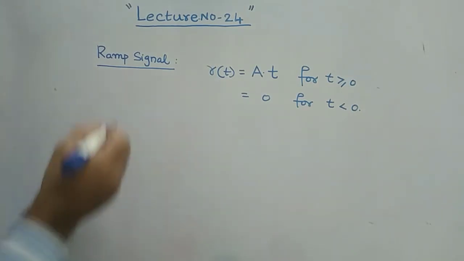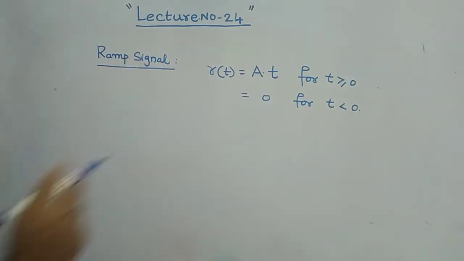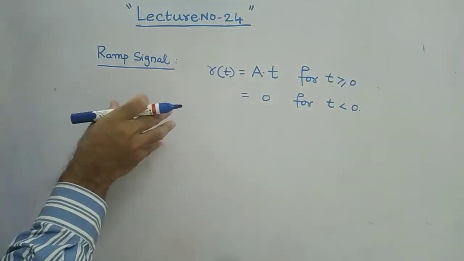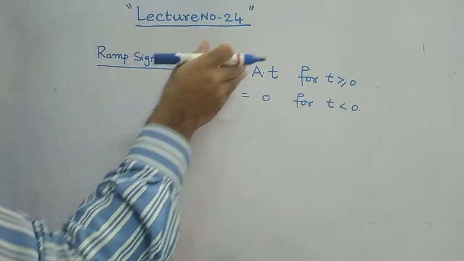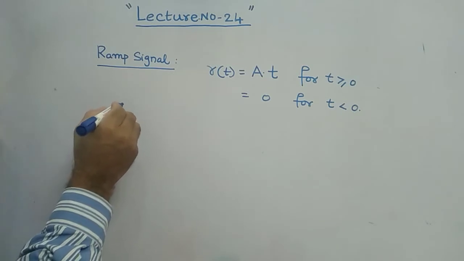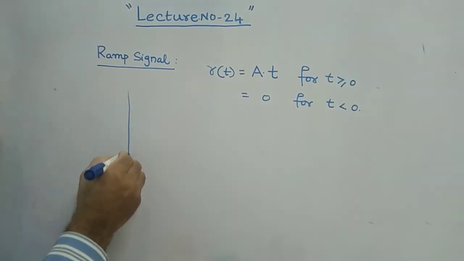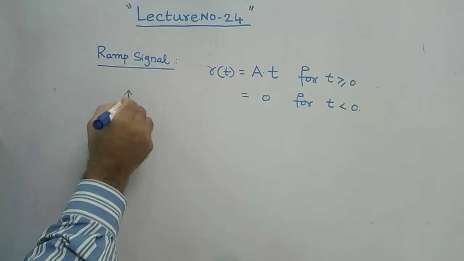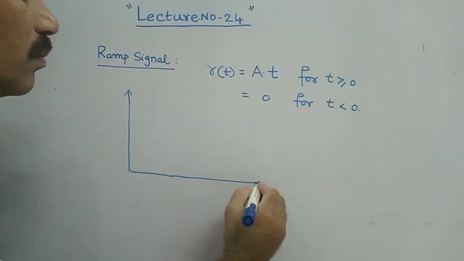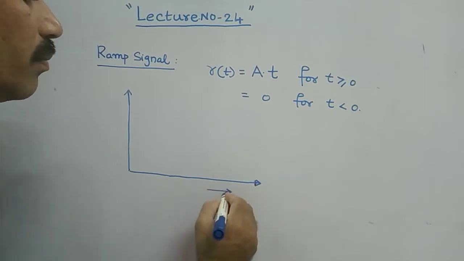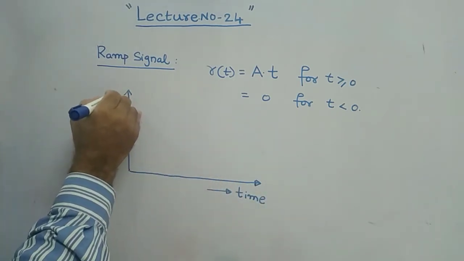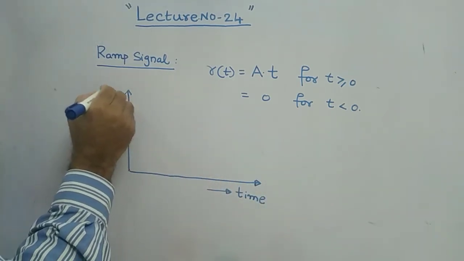According to this definition, the ramp signal increases linearly with respect to time. Graphically, the ramp signal can be represented like this. On the x-axis you take time, whereas on the y-axis you have R of t.